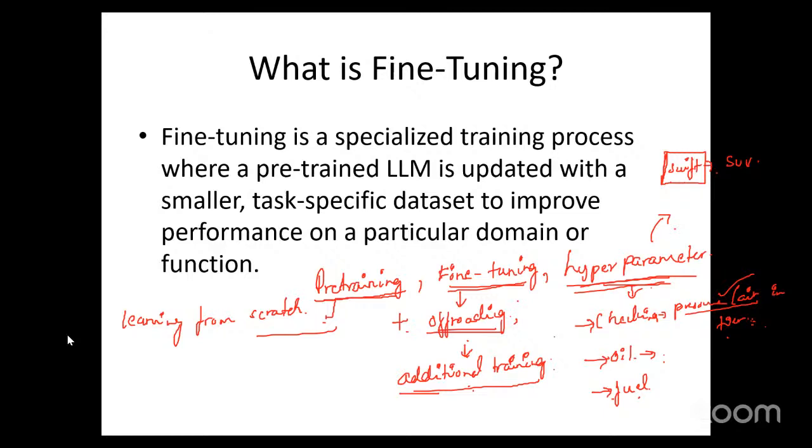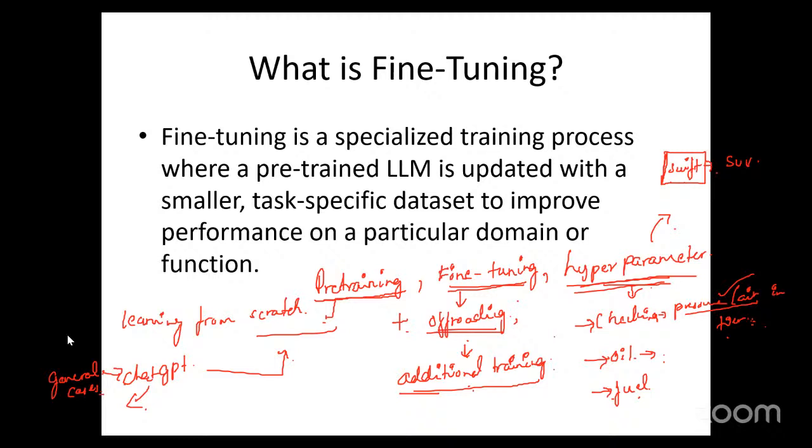Okay, when I have to give an LLM example itself, consider your ChatGPT. So what does pre-training mean in that? ChatGPT is already pre-trained on all the general cases, whatever the use cases or things present over the internet, it has learned everything.